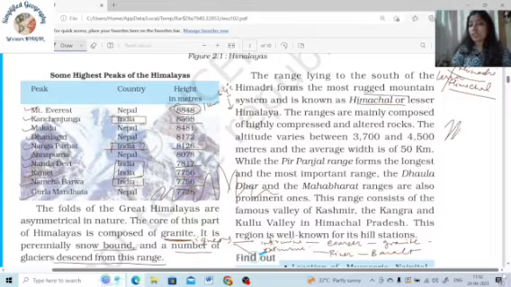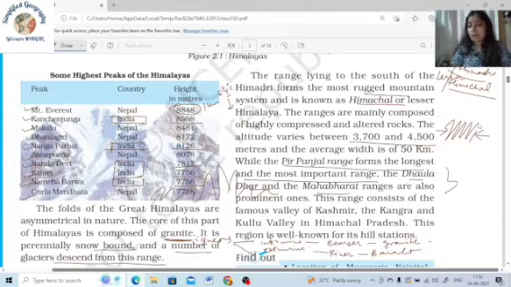Compressed or altered means that due to heat and pressure these rocks are compressed, and the height is between 3,700 to 4,500 meters. Average width is 50 kilometers, while Pir Panjal is the longest and the most important range. After that, Dhauladhar and Mahabharat ranges are also prominent.